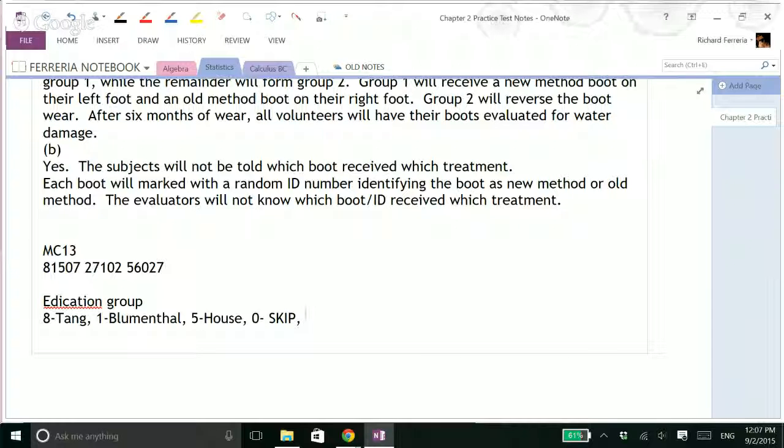What's the next one? 7? Pavlikova. Right, is that enough people? Okay, and so everybody else is going to be in the placebo group, right? So it looks like the first person in the placebo group is 2. Who's 2? Costello.